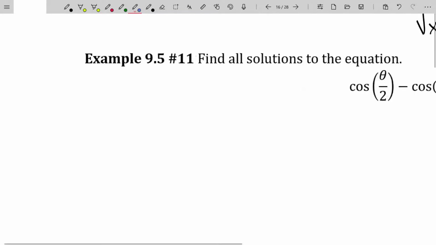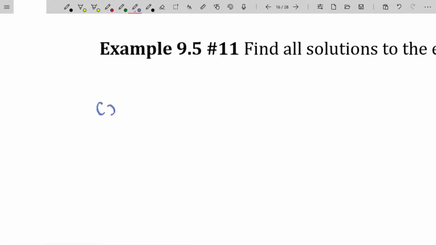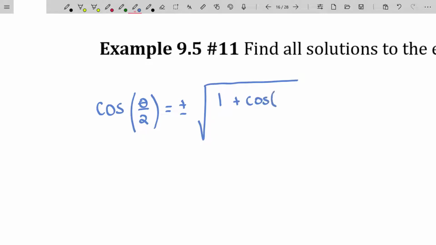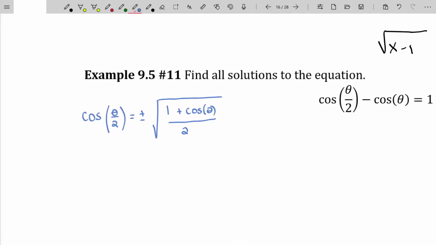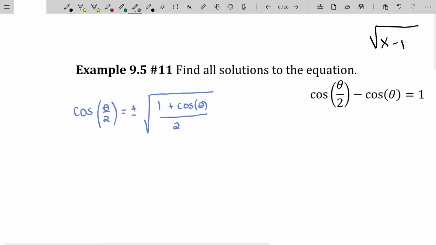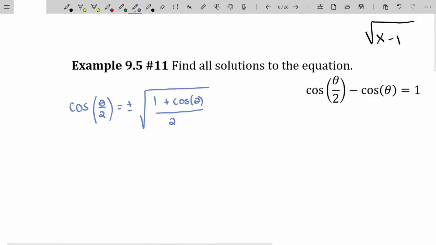The half angle identity for the cosine is as follows. The cosine of an angle over 2 is equal to plus or minus the square root of 1 plus the cosine of the full angle over 2. That is the only identity that I have for that half angle. So that's what I'm going to trade it out for.